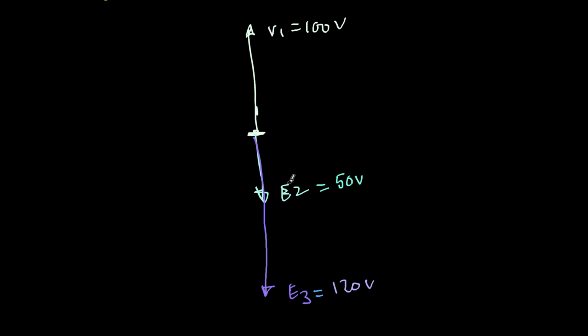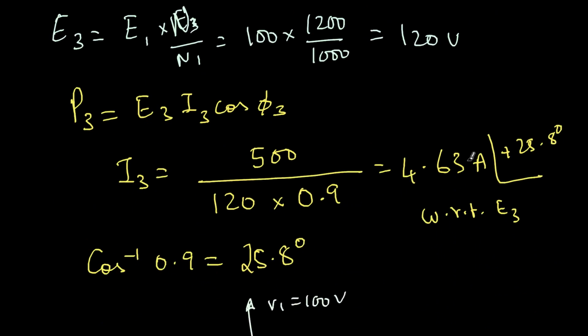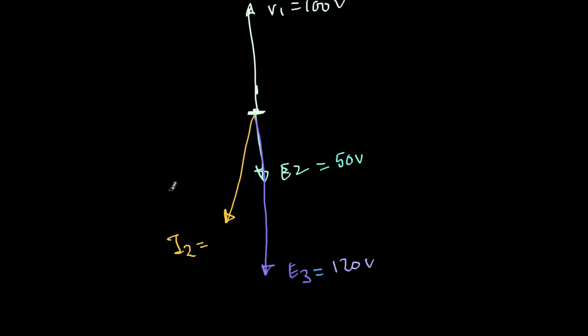Now the currents. The current I2 was 20 amperes. So let's say this is I2 equal to 20. I'm sorry, it should be lagging the E2. I2 equal to 20 amperes at minus 36.86 with respect to E2. So this is 20 amperes and this is minus 36.86.